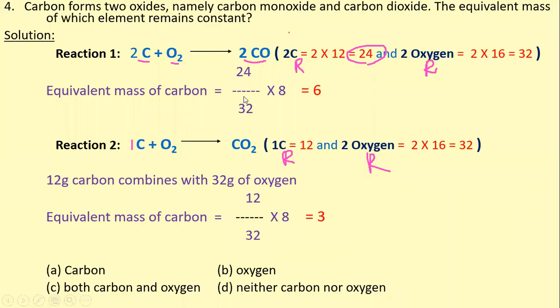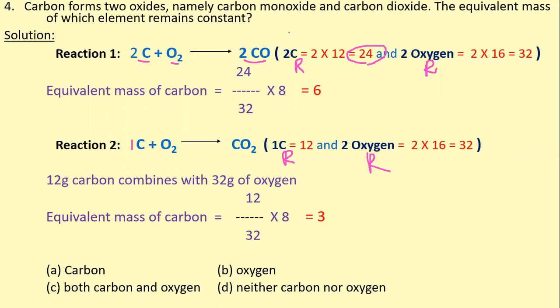Okay, because here carbon and oxygen in both reactions remain the same, only their moles get changed and the products formed will be different. So carbon and oxygen will be the same, so in both reactions we are writing 8, that is 32 minus 24. So now the answer obtained will be 3.